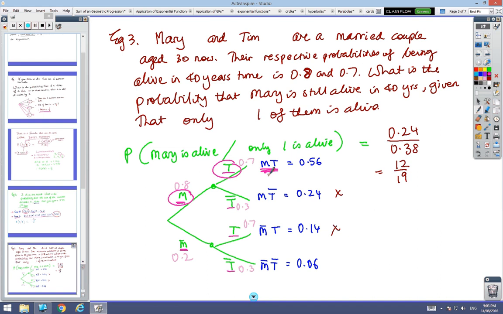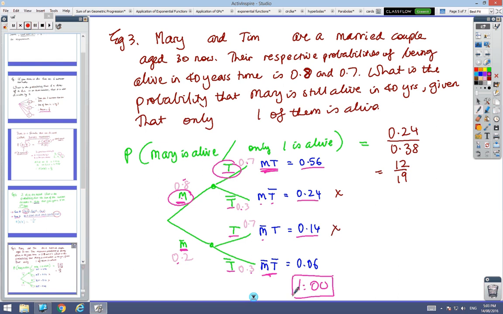Mary alive and Tim alive: multiply 0.8 by 0.7, you get 0.56. Mary alive, Tim dead: 0.8 by 0.3 is 0.24. Mary dead and Tim alive is 0.14, which is 0.2 by 0.7. And both of them dead is 0.2 by 0.3, which is 0.06. Those numbers add up to 1.0.